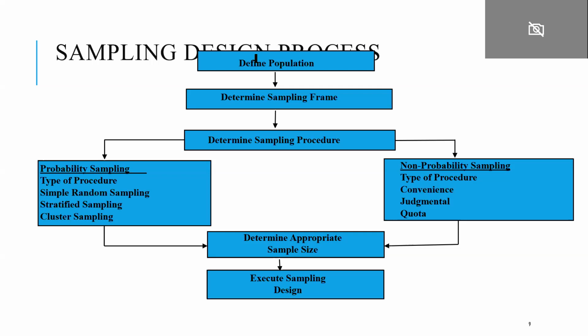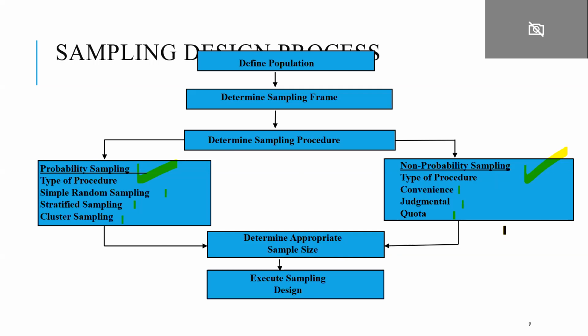Then determining the sampling procedure. When we are talking about the sampling procedure, there are two different types: first is probability sampling and second is non-probability sampling. Probability sampling basically includes simple random sampling, stratified sampling, and cluster sampling. But non-probability sampling is convenience sampling, judgmental sampling, and quota sampling.